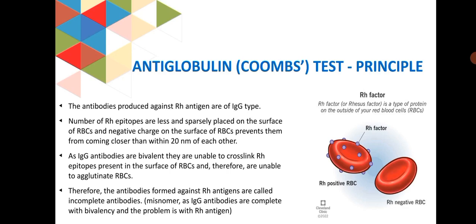As IgG antibodies are bivalent, they are unable to cross-link Rh epitopes present on the surface of RBCs and therefore are unable to agglutinate RBCs. Therefore, the antibodies formed against Rh antigens are called incomplete antibodies. It is a misnomer, as IgG antibodies are complete with bivalency, and the problem is with the Rh antigen.